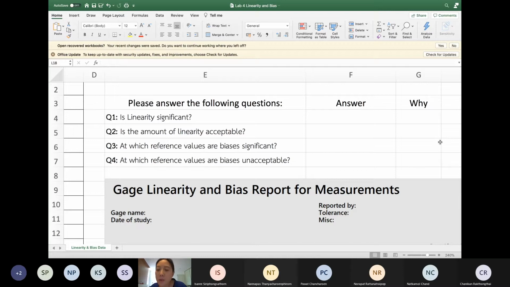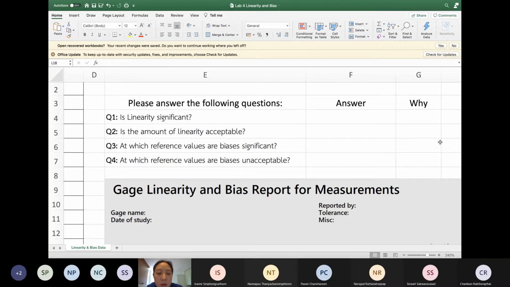Your friend has already answered, but I would like to make sure for the second time that everybody captures this. Sirovit, could you help answer the second question? Do we have to look at the percent first? Yes, correct, we need to take a look at percent. Which percent?